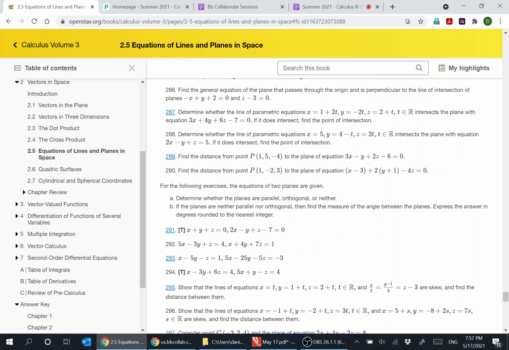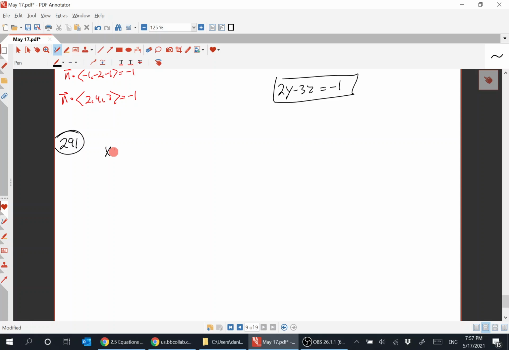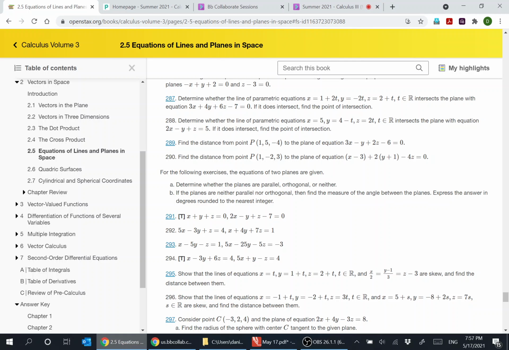Determine whether the planes are parallel, orthogonal, or neither. If the planes are neither parallel nor orthogonal, find the angle between the two, and round the degrees. So you have x plus y plus z equal to 0, and 2x minus y plus z equal to 0.